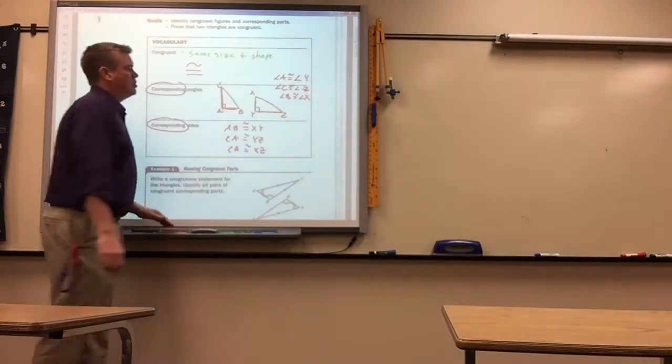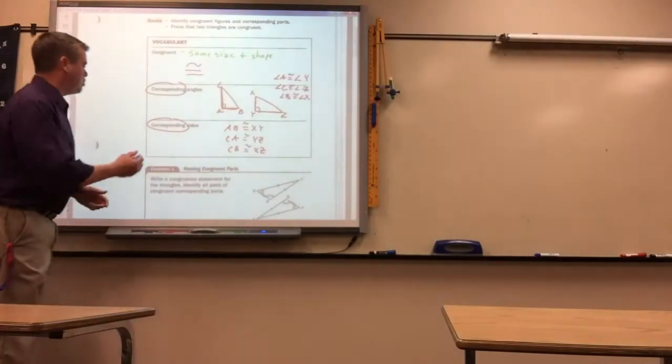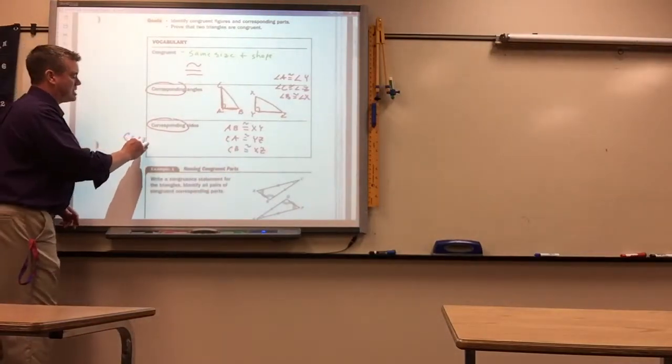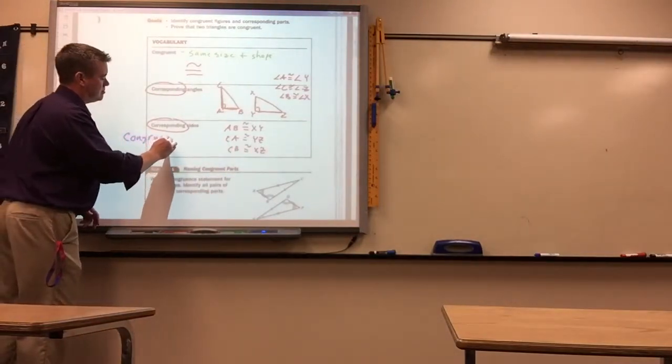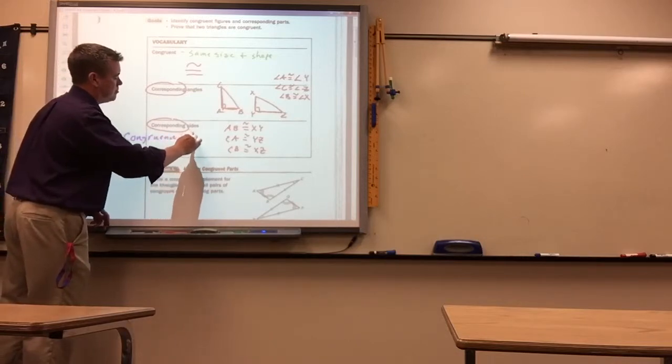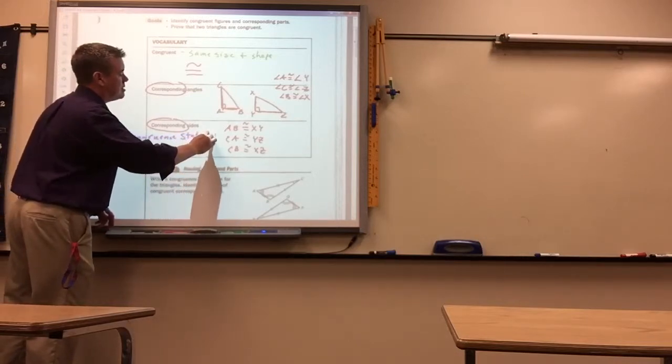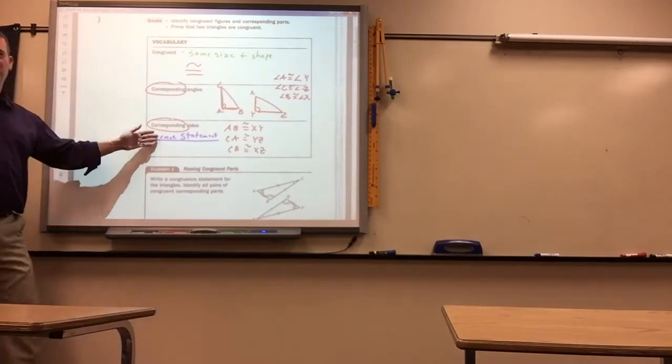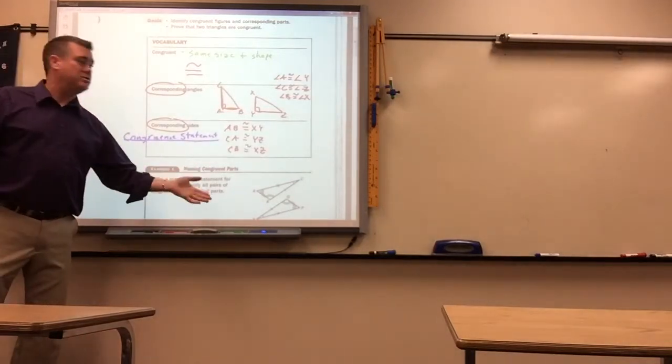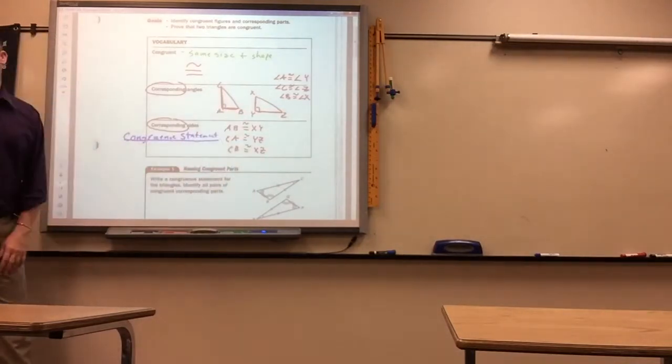So what we're working towards is you're going to have to write a congruence statement. Most of the time, this is given to you. And sometimes they give you a problem like this and they ask you to write it.